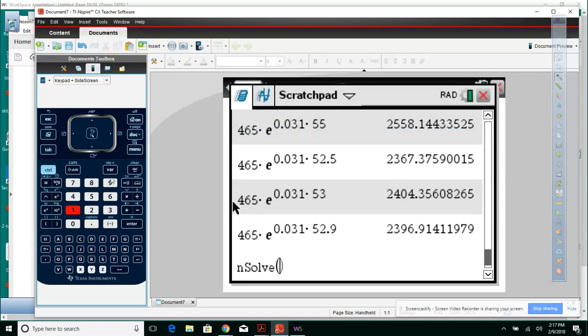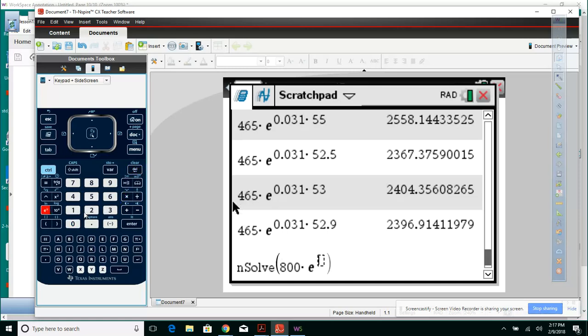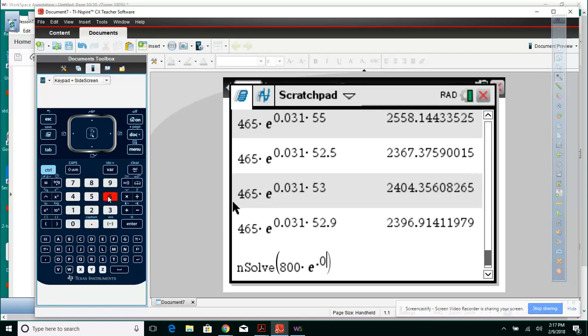And what do we got here? 800 times E, and we got 0.0612 T equals 1,600.